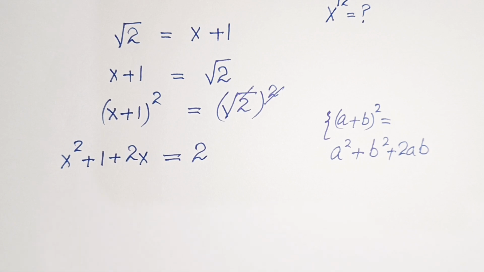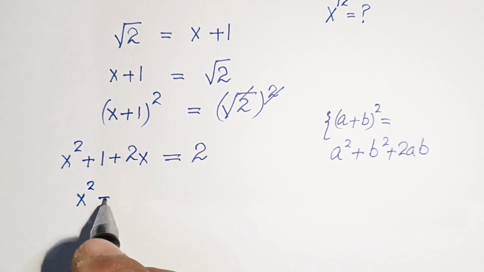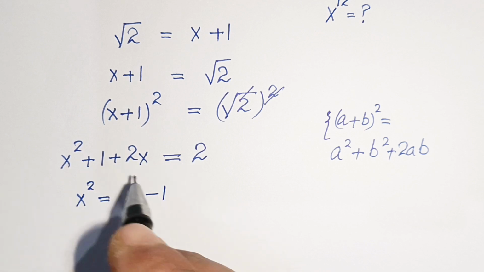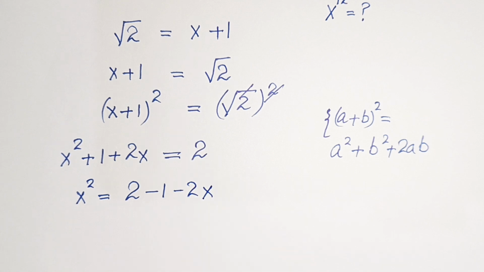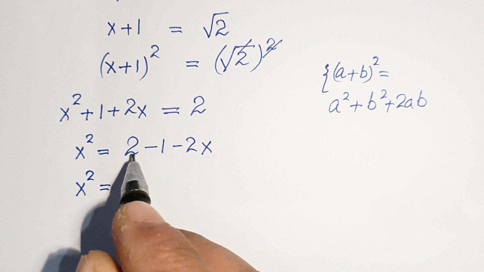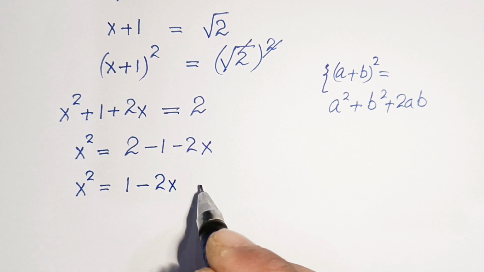Now by rearranging, shifting these terms, plus 1 will be minus 1 and plus 2x will be minus 2x. Now here we have x squared is equal to 2 minus 1, we get 1 minus 2 times x.